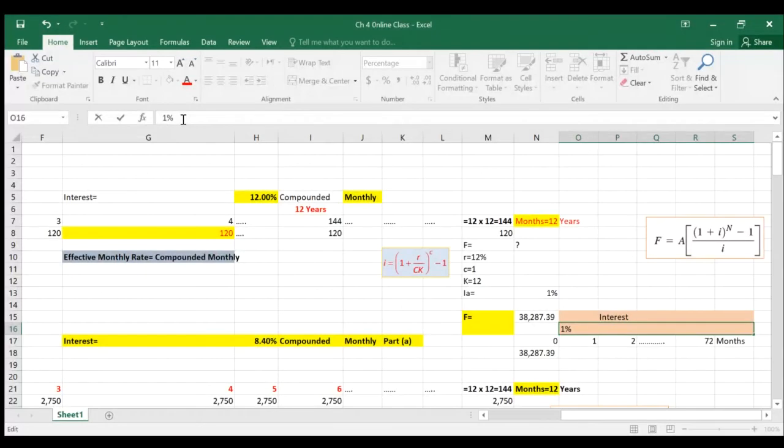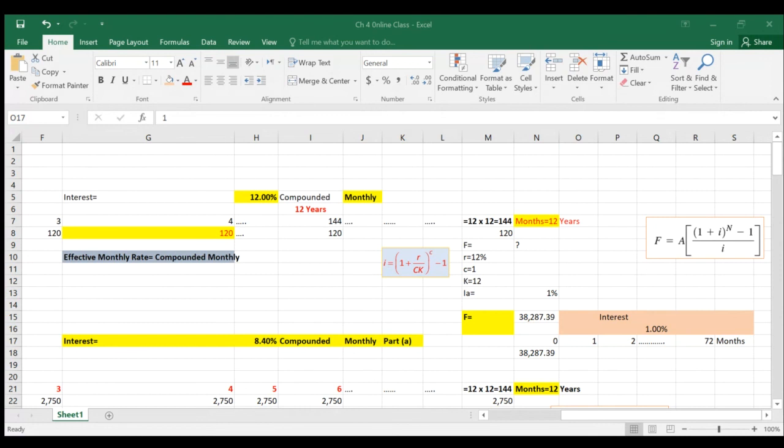This is also correct. If you calculate an F of this amount with the same formula we just discussed, using 1% and 72 months, you will get the same answer. You can check.